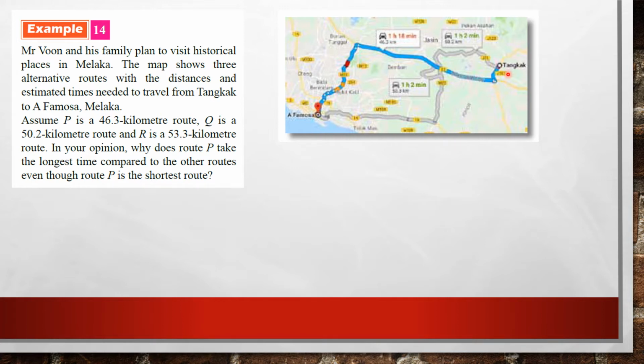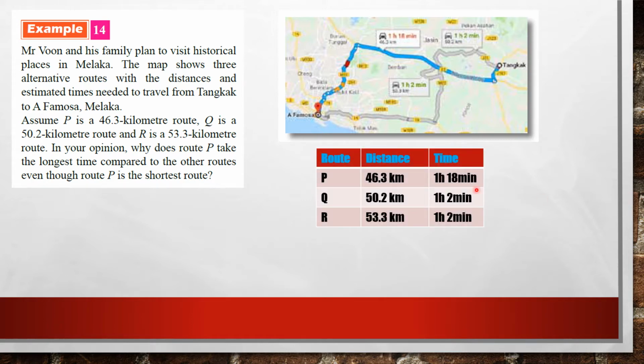So Mr. Woon wants to go to A Famosa from Tangkak. So here, P is a 46.3 kilometer route, Q is a 50.2 kilometer route, and R is a 53.3 kilometer route. So from here you can see that you have 3 routes, that is route P, route Q, route R.